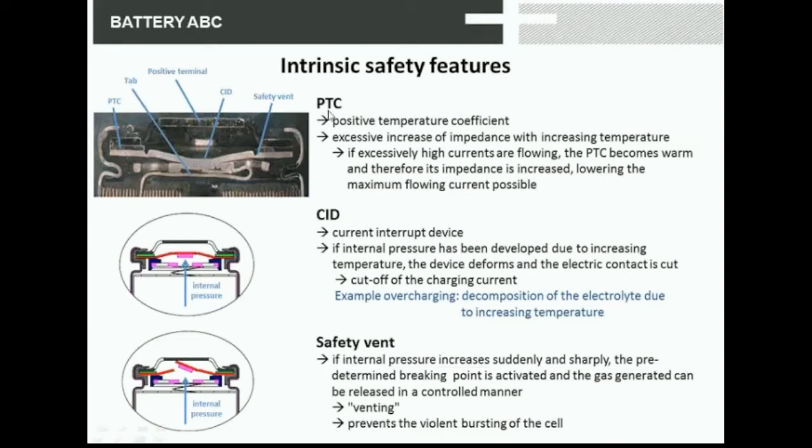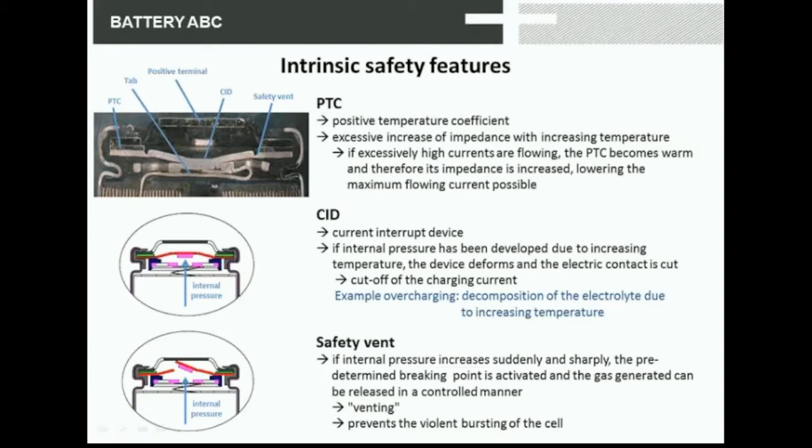Can be a PTC element, which means when the temperature of the cell increases, the impedance of the cell increases as well. That's some kind of prevention of too high currents.